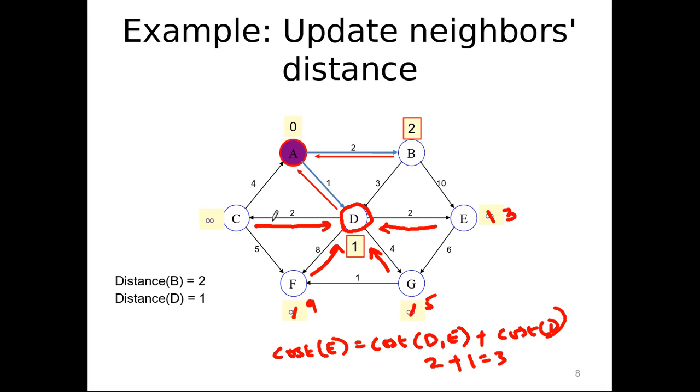The same thing here, the cost of reaching C is nothing but cost of reaching D plus cost of reaching D to C. Cost of reaching D is 1 plus D to C is 2, 2 plus 1 is 3, less than infinity, so 3 gets updated here. So this arrow indicates the parent of C is D, and I have calculated the cost of reaching C as the cost of reaching D to C plus the cost of reaching D. So this is how I calculate the nodes.